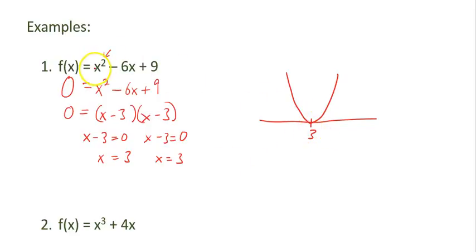This one happens to face up because we know it's a positive coefficient in front of the x squared. So it should bounce off like this when I graph it in the calculator. But sometimes they're negatives and they bounce off facing downward, and that's fine. But two answers that are the same means that the graph bounces off.